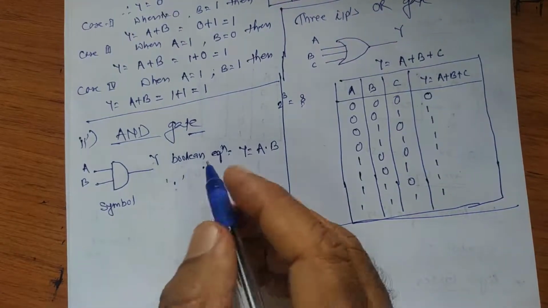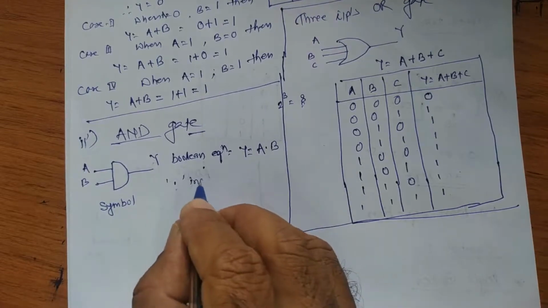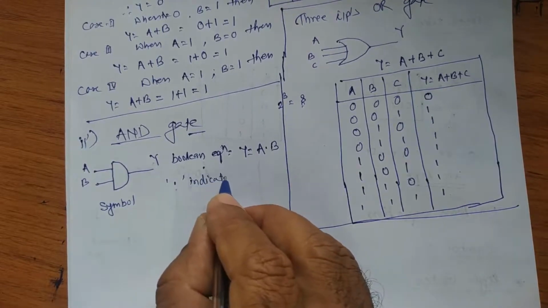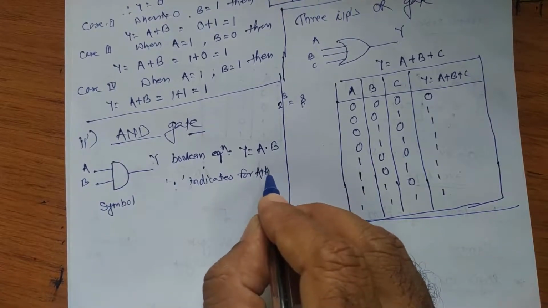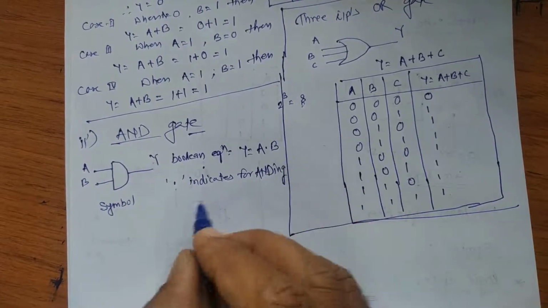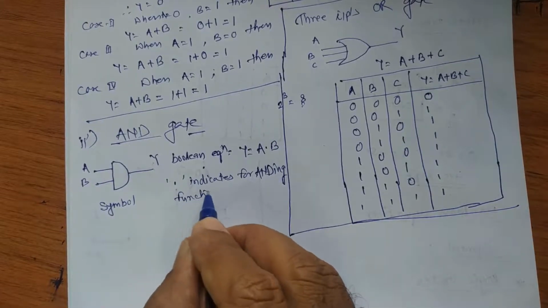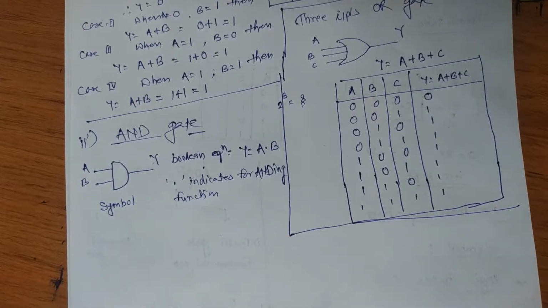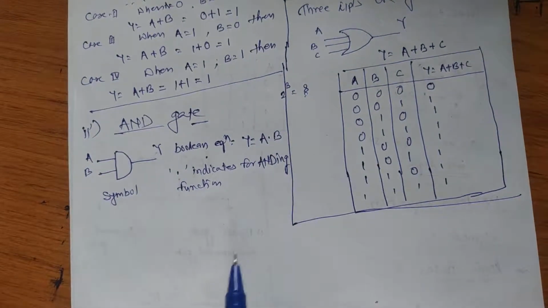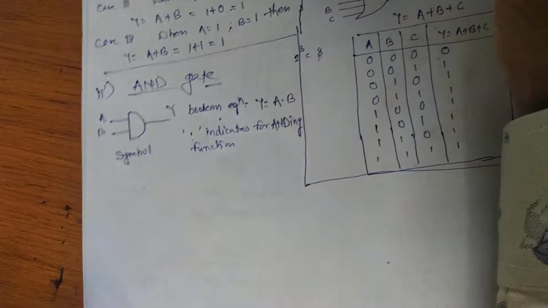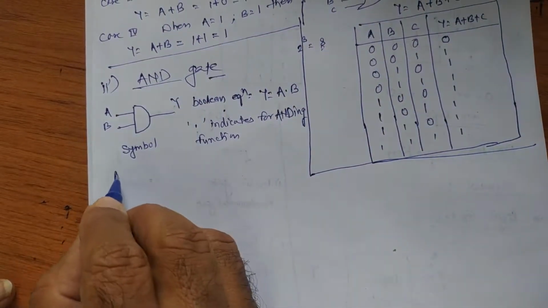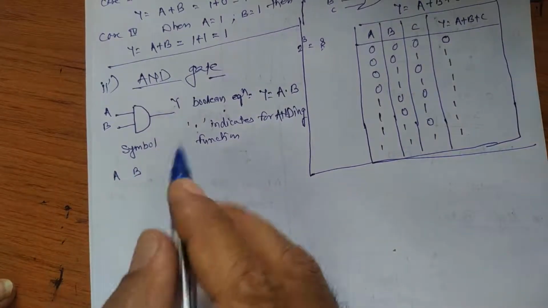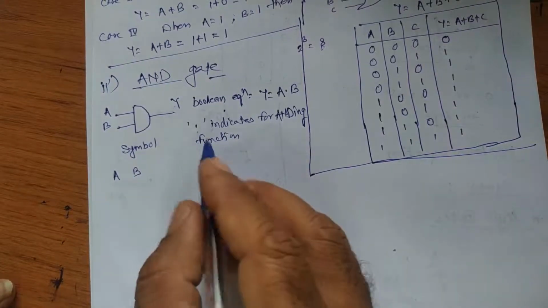That dot indicates the ANDing function. There are 2 inputs, so in the truth table, how many possibilities? That is 4 possibilities. A, B. What is the Boolean equation, which is also known as a mathematical equation?